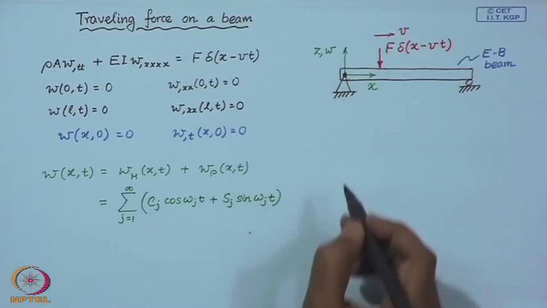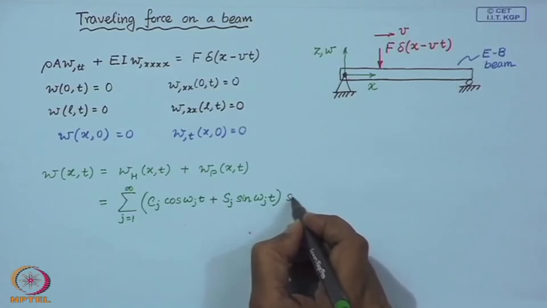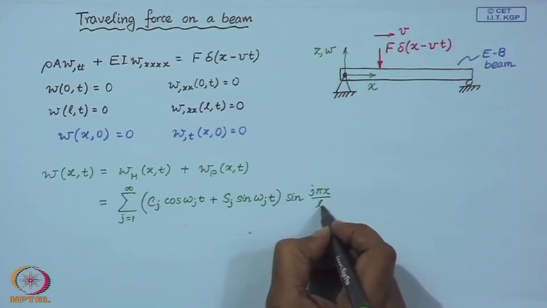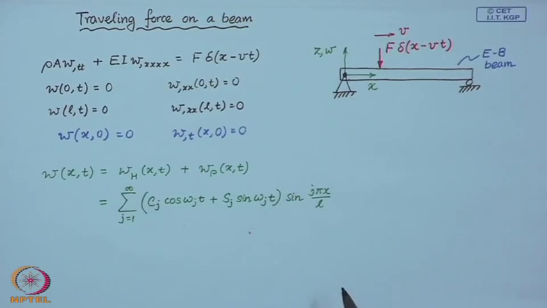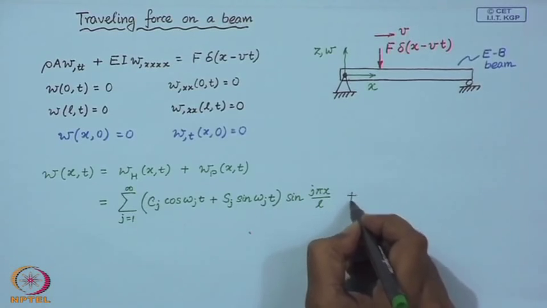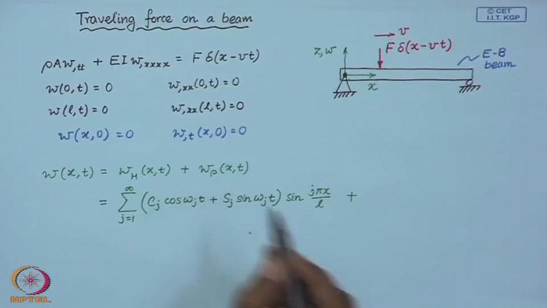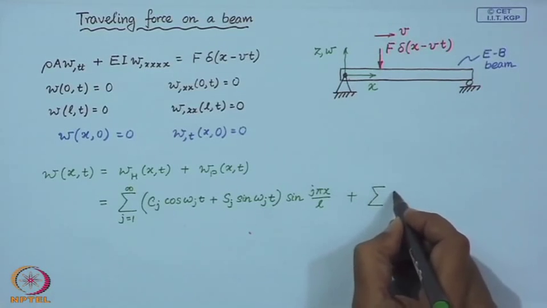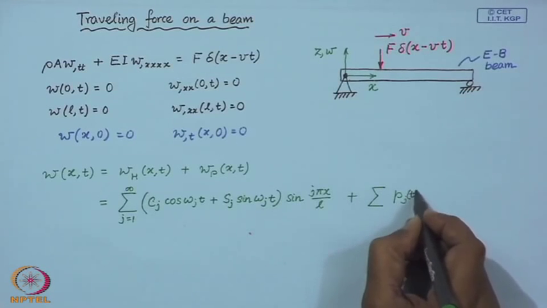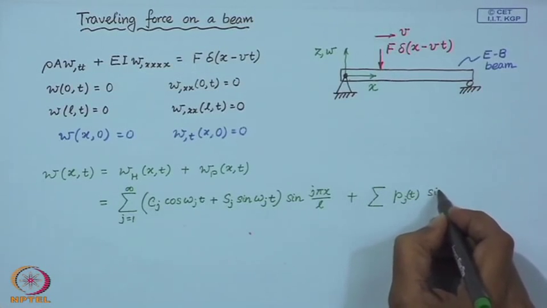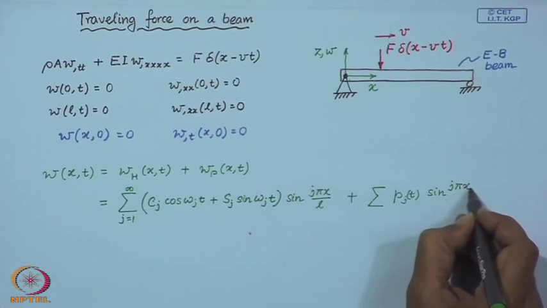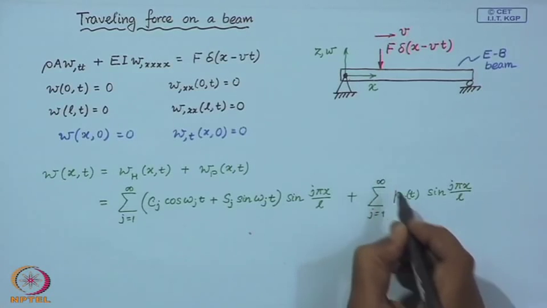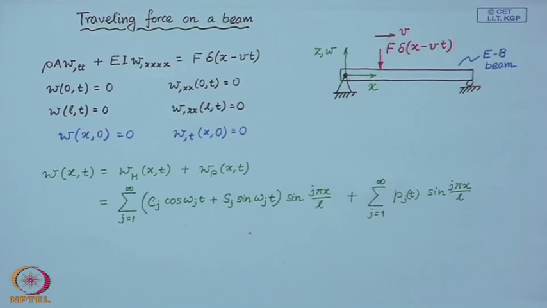This is a simply supported beam, therefore, the eigenfunctions are sin j pi x over L. Plus, this particular solution also we can expand in terms of these eigenfunctions along with these modal coordinates.